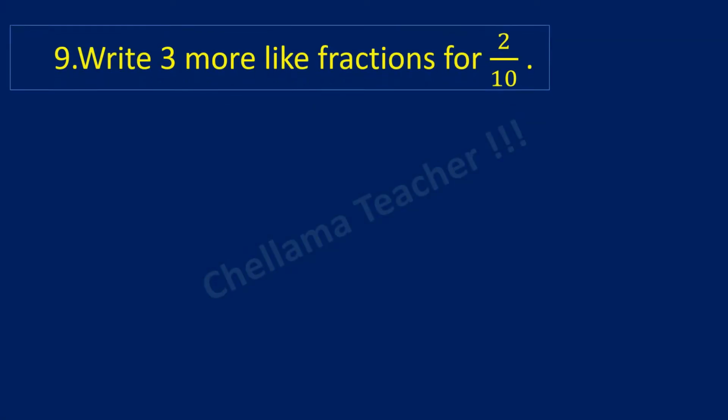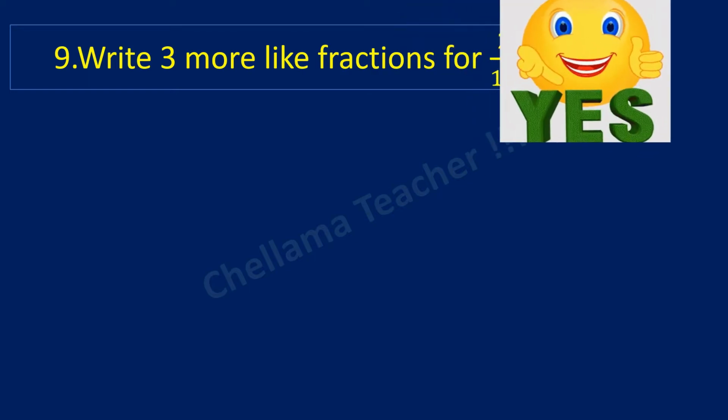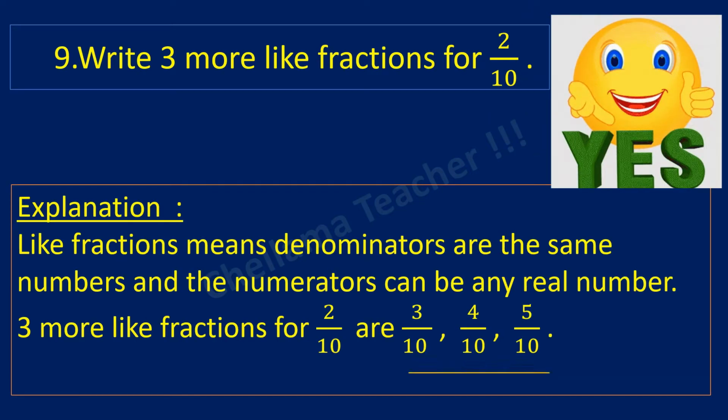Question 9. Write 3 more like fractions for 2 by 10. How to do? Like fractions means denominators are the same numbers and the numerators can be any number. So for 2 by 10, the denominators can be 10 and the numerators can be any number.